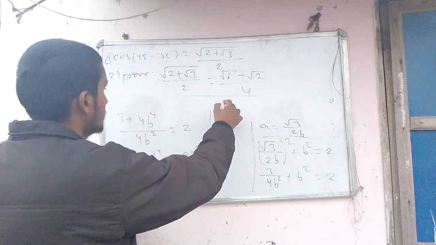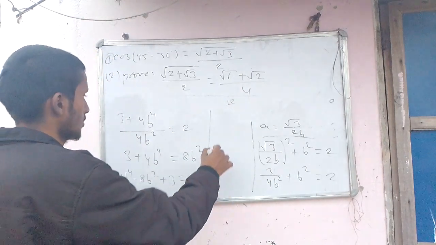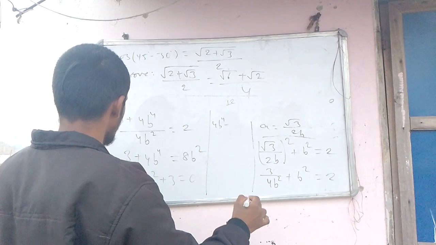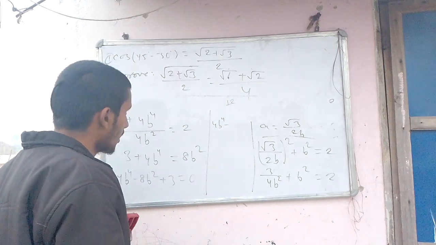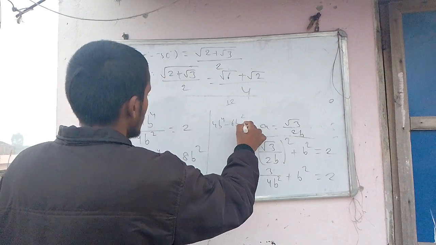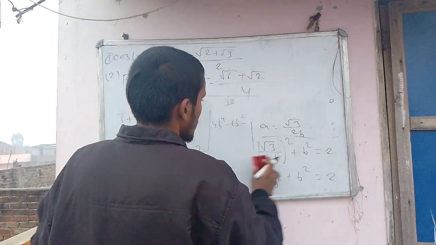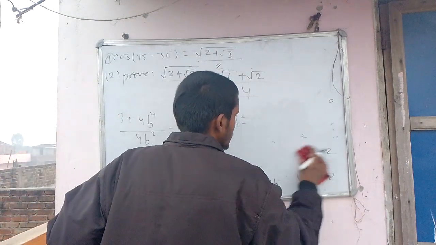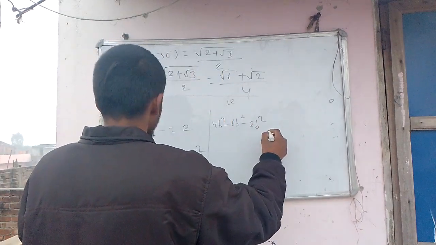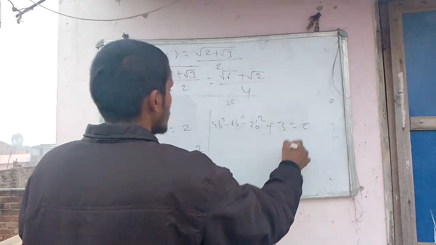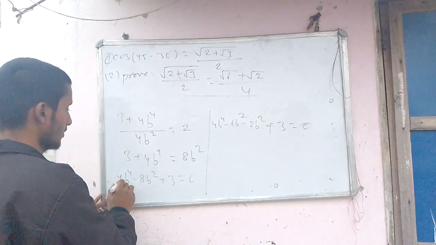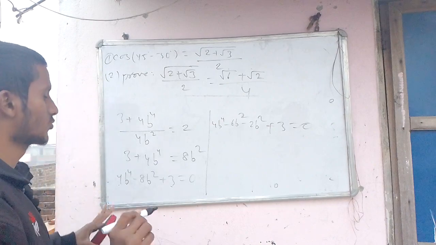Let's solve this. So 4b to the power 4 minus 6b squared minus 2b squared plus 3 is equal to 0. You can expand this now, because if you multiply this out, it gives you 12.